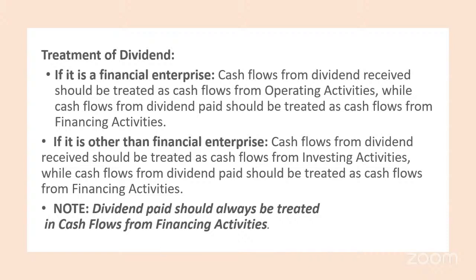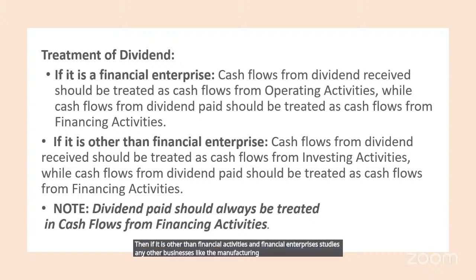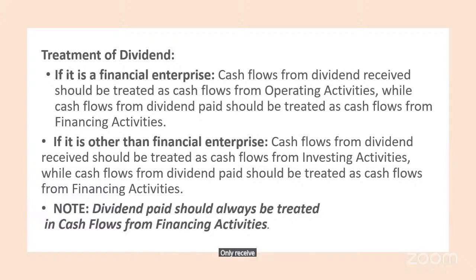Then if it is other than financial enterprises, that is any other businesses like manufacturing companies, technology, transportation, healthcare services, the hospital, when they receive dividend, that dividend should be treated as investing activities.